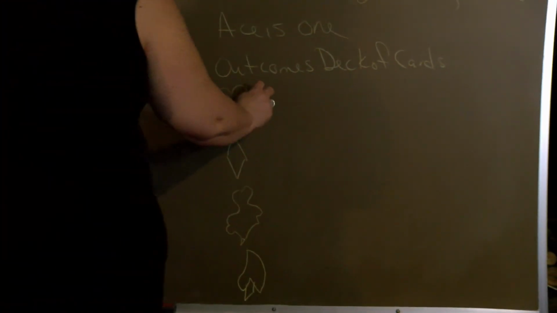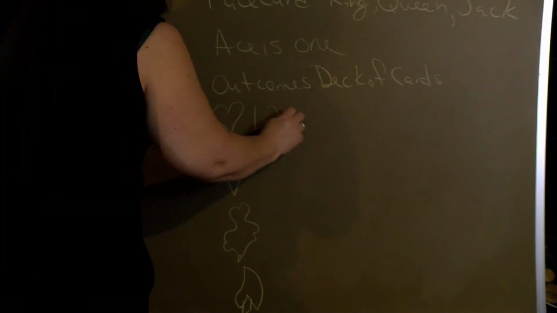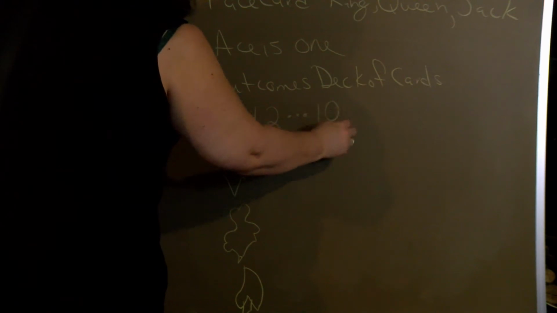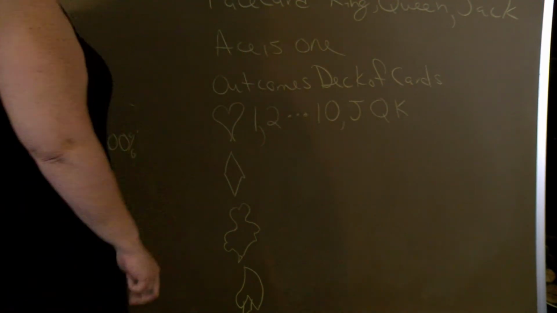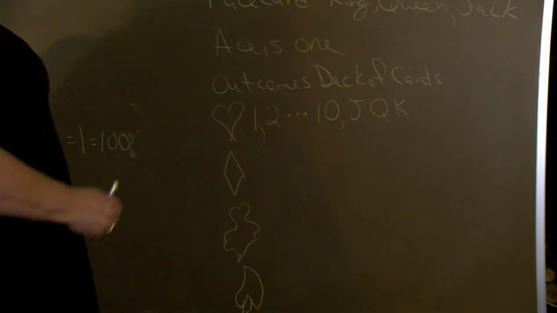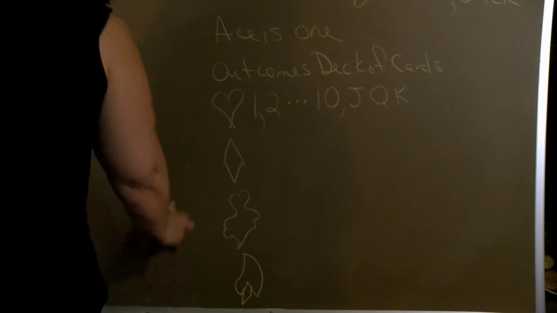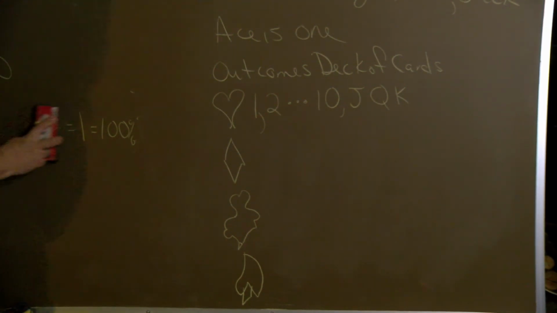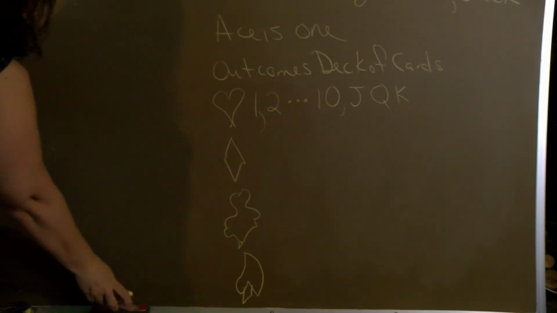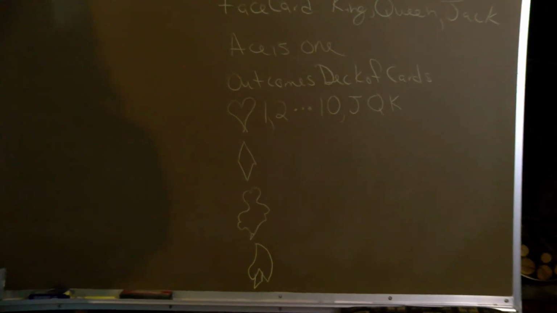And then they go from 1 to 10, jack, queen, king, and that's for all of them. And that would be your outcomes then, all of them. We're going to find some probabilities for them.